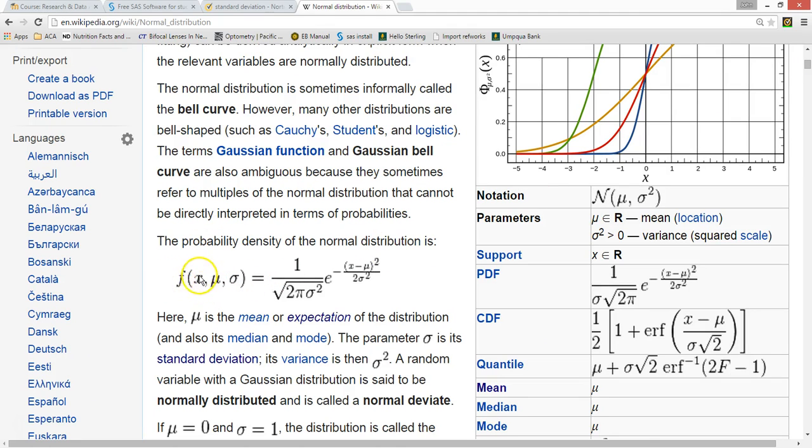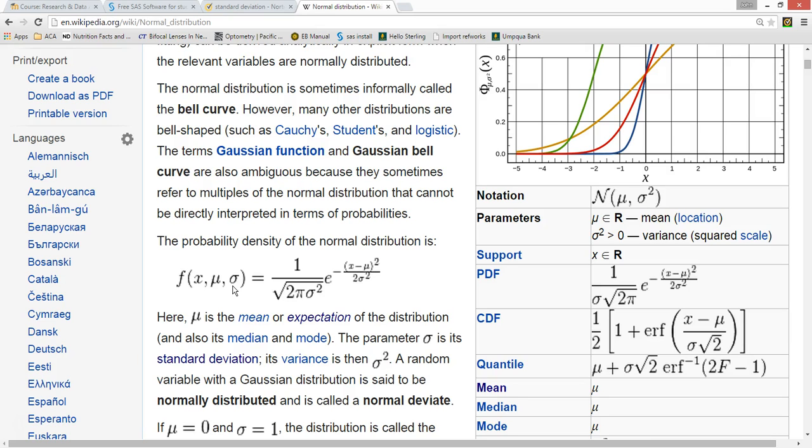It's a function of observation x, a population mean mu, and a population standard deviation sigma. Now, I use the word population for a very specific reason.